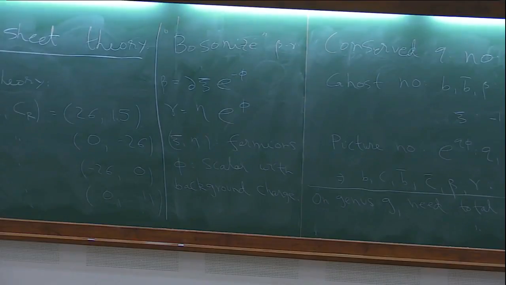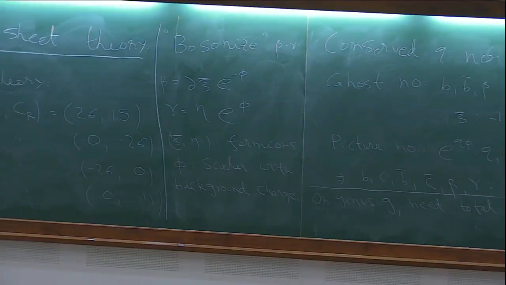Okay, so now some notation. We'll define Tm and Tm bar as the matter stress tensor, T and T bar as the total stress tensor, which means matter plus ghost.